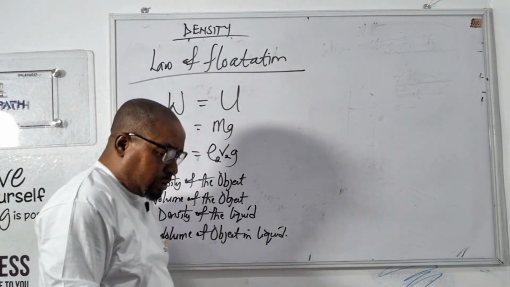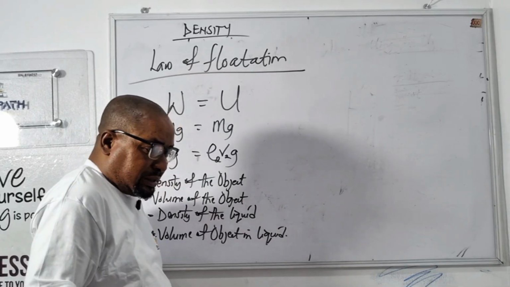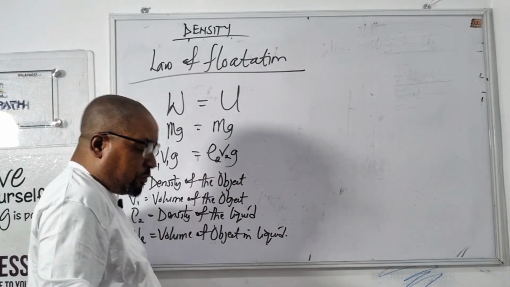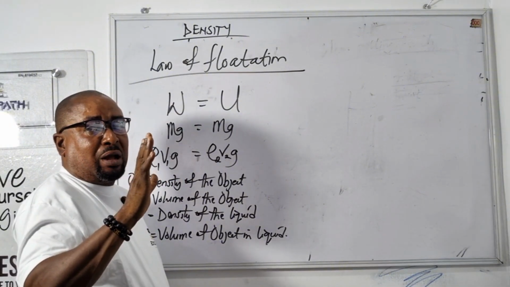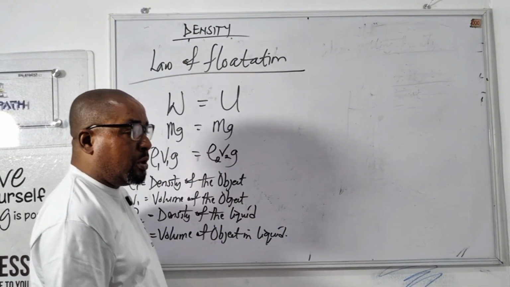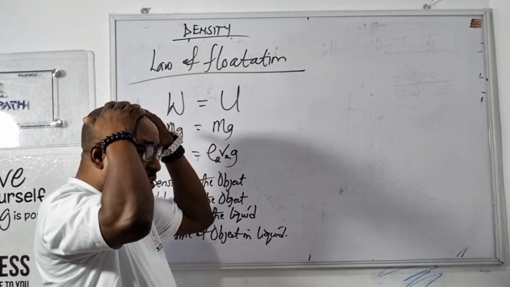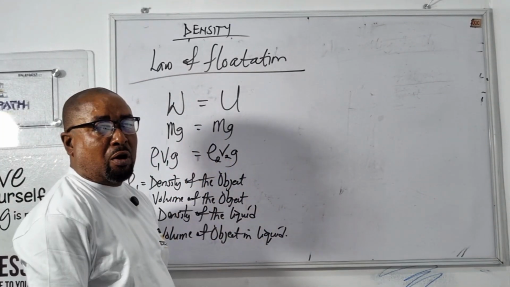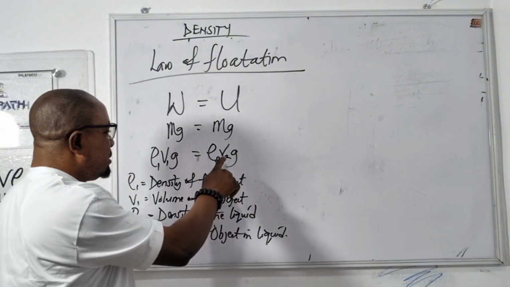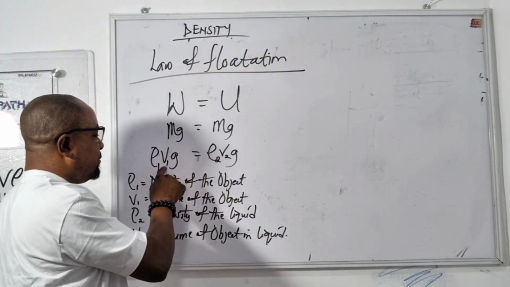If I stand inside water and the water is getting to my waist, the volume V2 will be from my waist downward. From my waist upward, it's not affected. But if I enter everything completely, the volume will be the volume of my whole body.